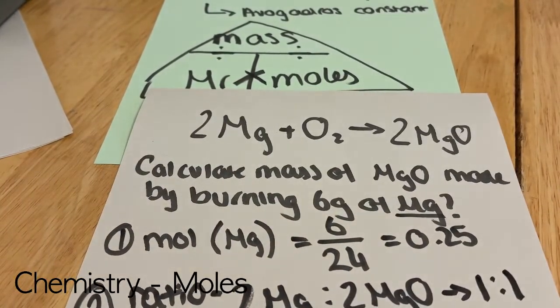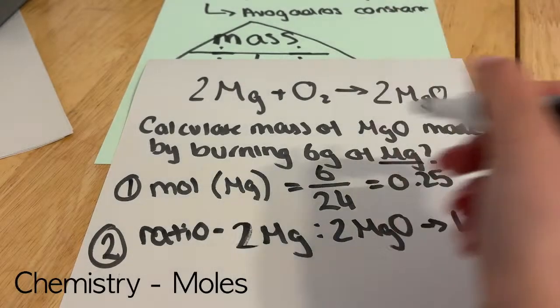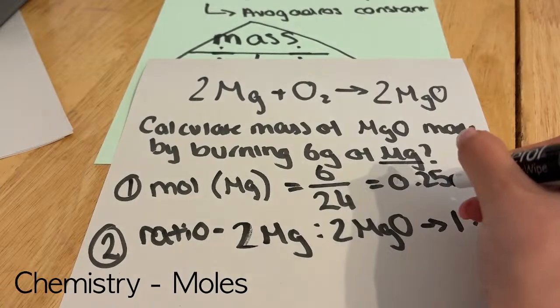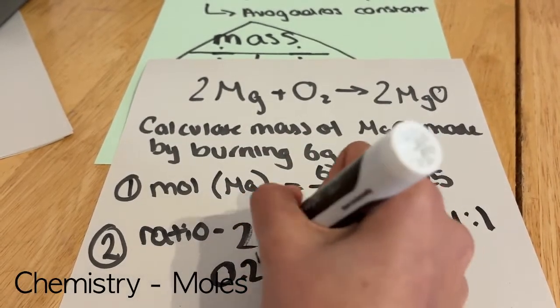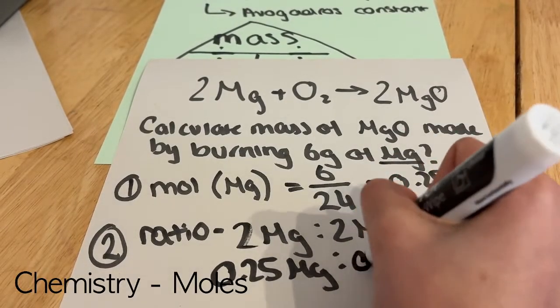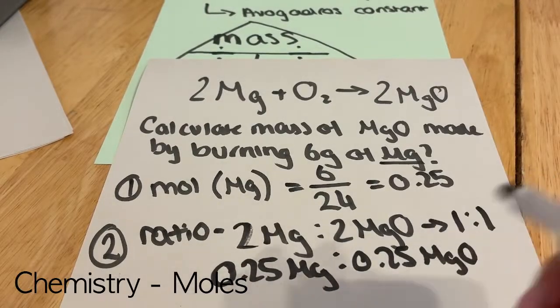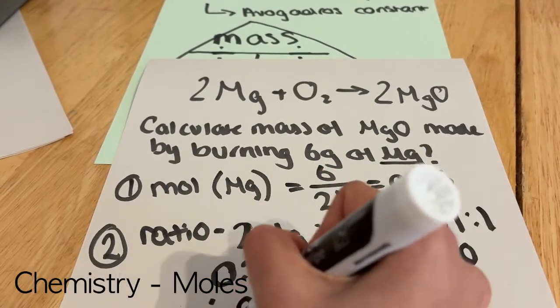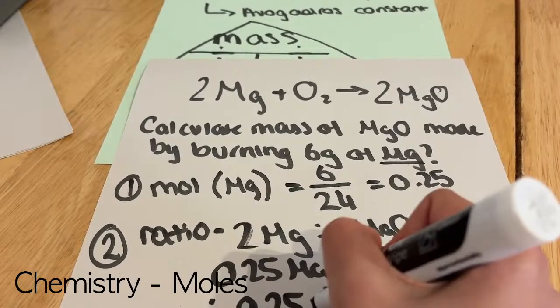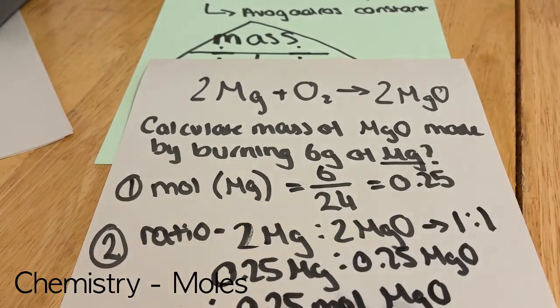That means we don't need to change any of the moles because it's in a 1:1 ratio. So if we have 0.25 moles of magnesium, we know that we're going to get 0.25 moles of magnesium oxide are produced.